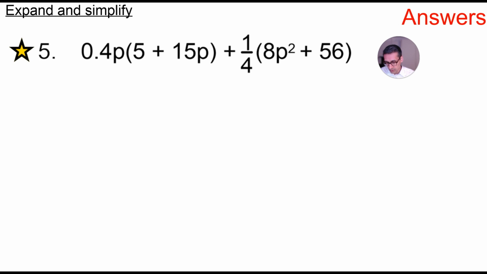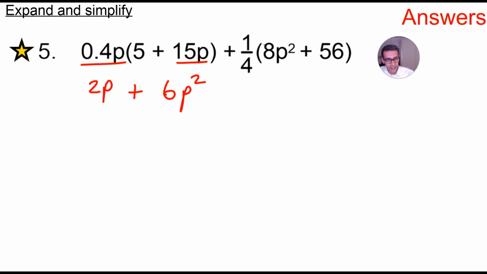So it's going to be 0.4 times 5, or 5 lots of 0.4, which will give you 2p, and then 0.4p times 15p. 0.4 times 15 is the same as 4 tenths times 15, or 2/5 times 15. So 2/5, that's going to give you plus 6, and then p times p is p squared. So that's going to give you 6p squared.